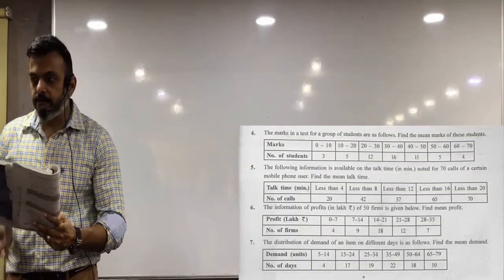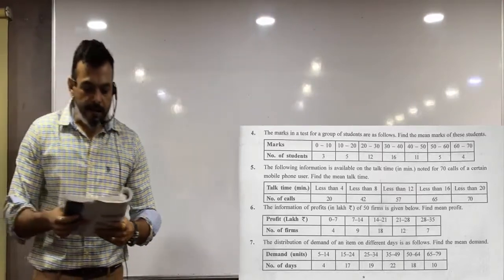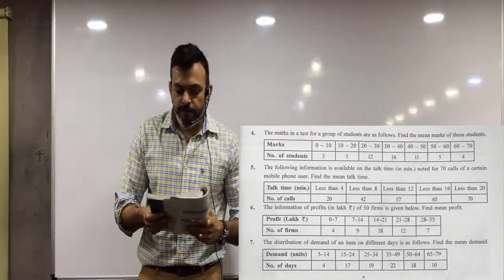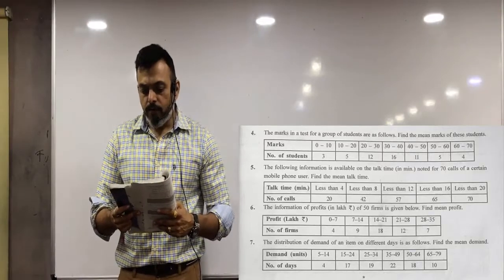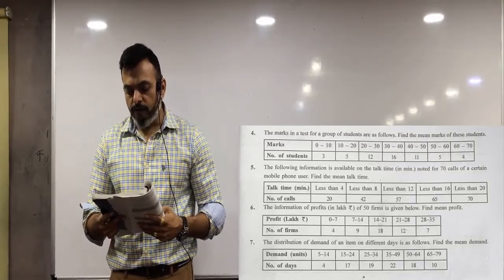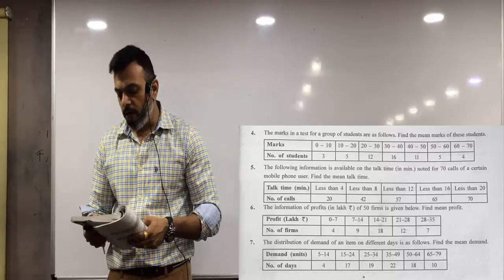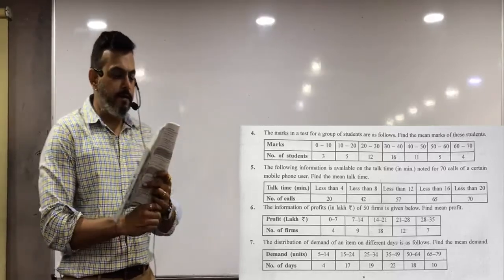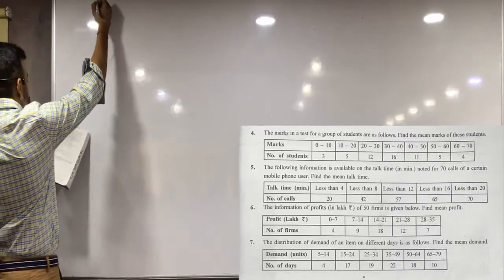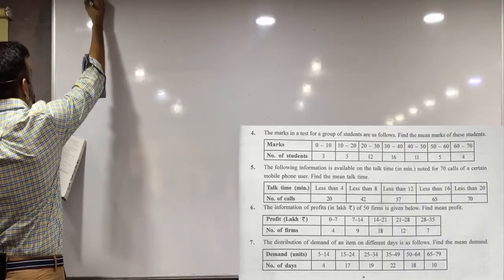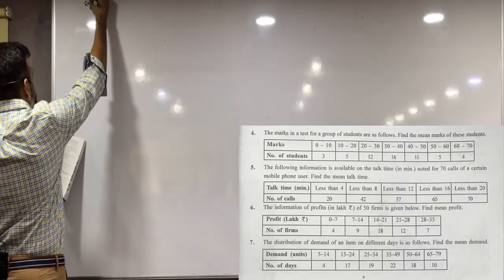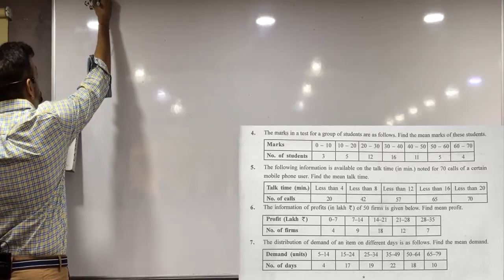Page number 79, question number 4. The marks in a test of a group of students are as follows. Find the mean marks of these students. Marks are given and number of students. So write the marks and number of students. Question 4, exercise 3.1, page number 79.